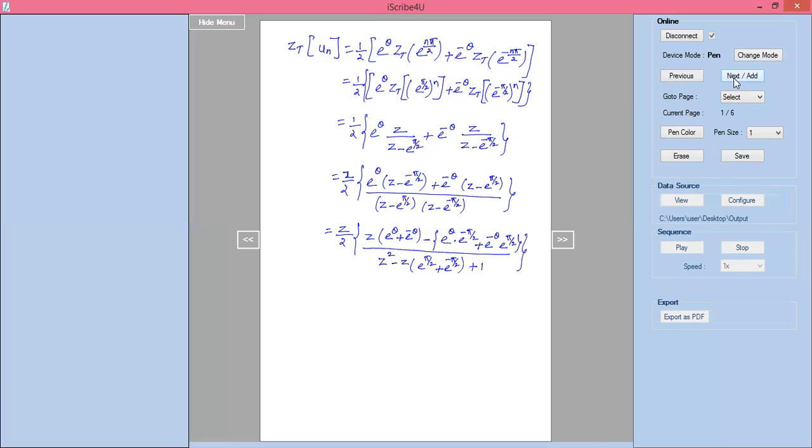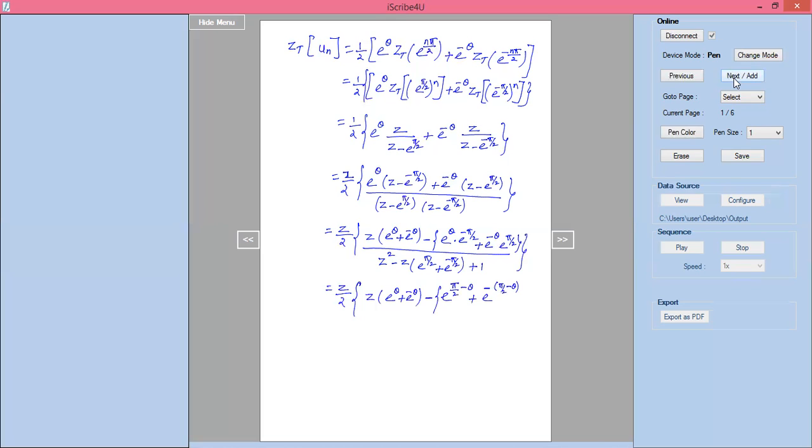So now we'll write z by 2 into z into e power theta plus e power minus theta. Here if we simplify this, we'll get minus of, first term should be e power pi by 2 minus theta, e power pi by 2 minus theta plus e power of minus of pi by 2 minus theta.